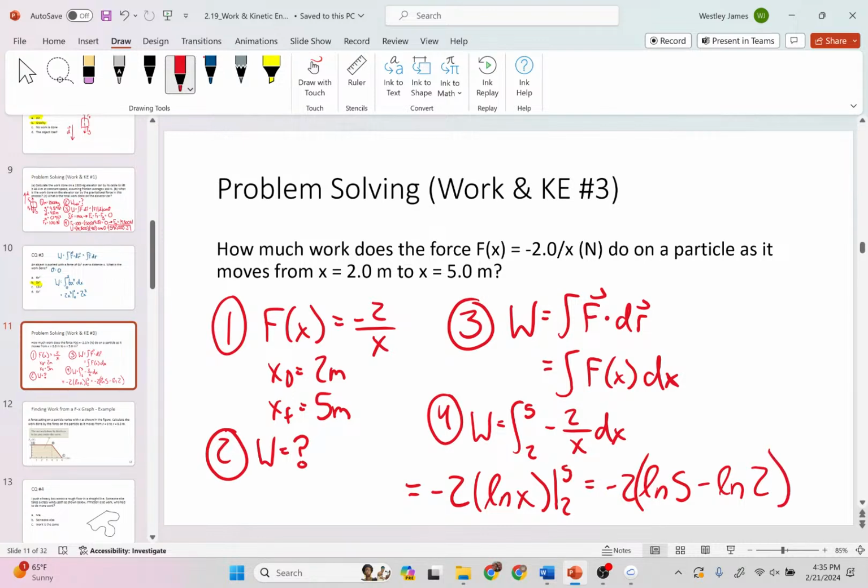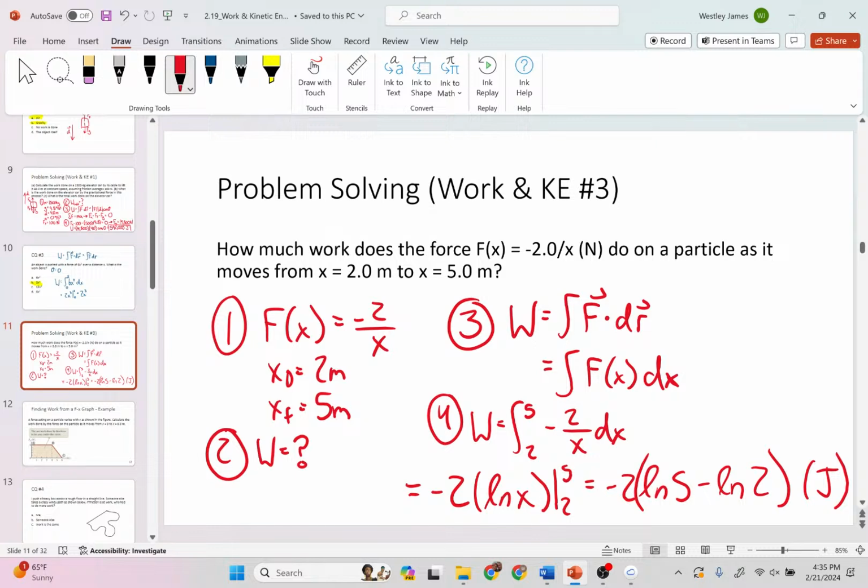And at that point, whatever you plug it in, you get a number. Not too much to say there, honestly. That's a number, it's not a huge deal. The final answer will be in joules. It is good to remember what the unit is, so we'll put a little J here for joules. The last step is just pointing back there. It's not really too worthwhile.